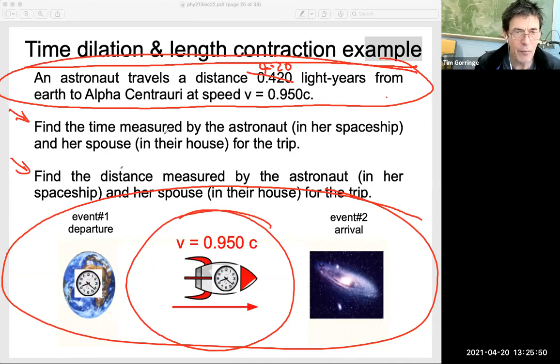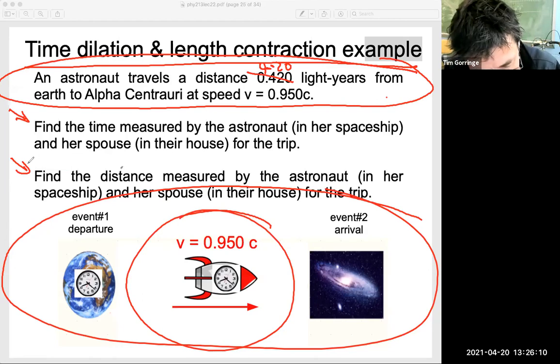And she's going to measure how long she thinks she's away, and I'm going to measure how long I think she's away. And she'll be measuring how long she's away with the clock in the spaceship, obviously, and I'll be measuring how long I think she's away by the clock as I sit in the house, the clock in the house. So that's one question.